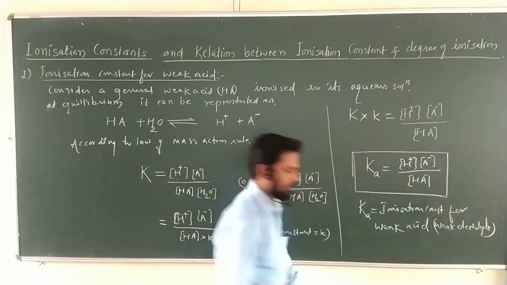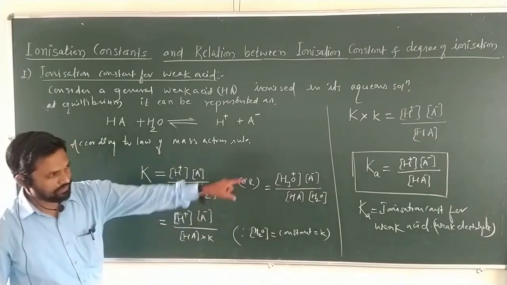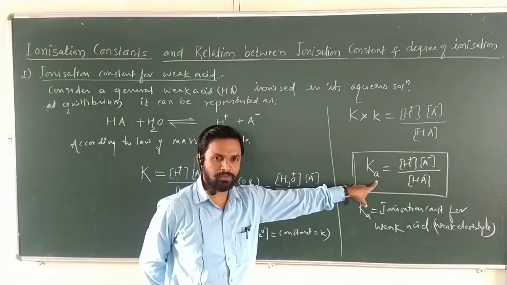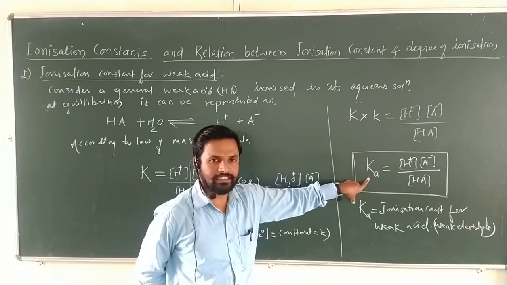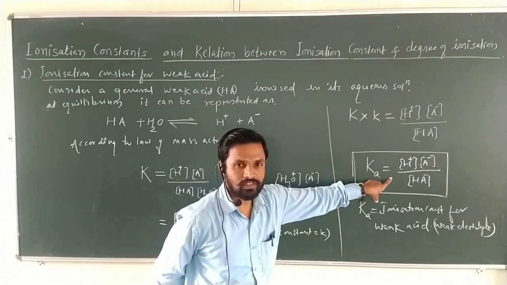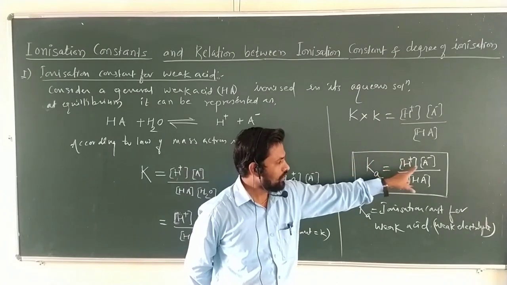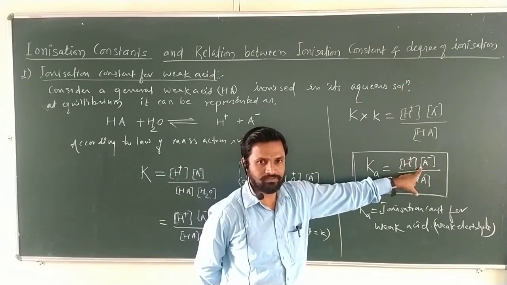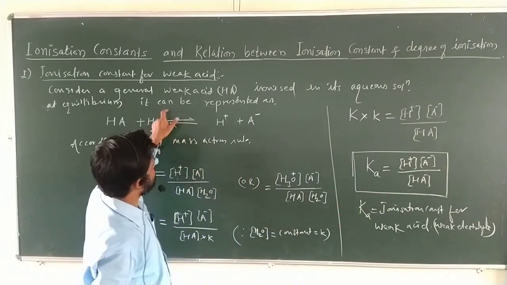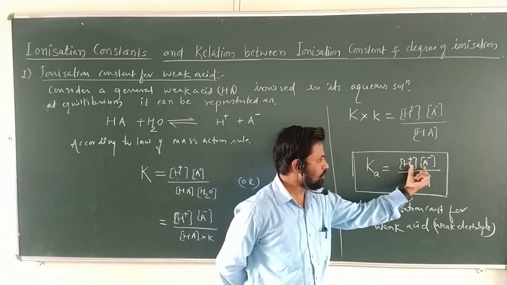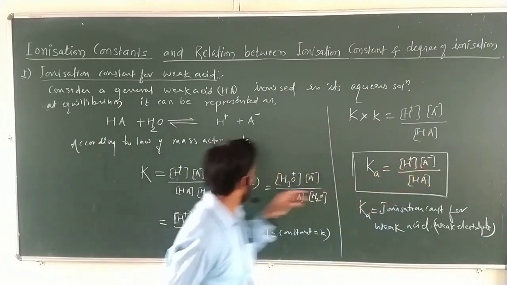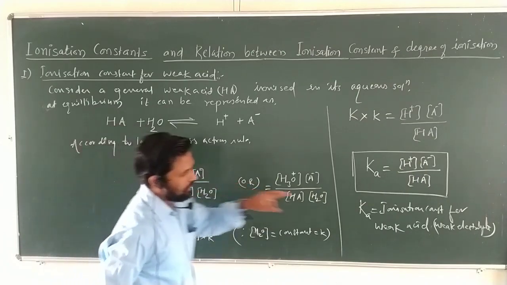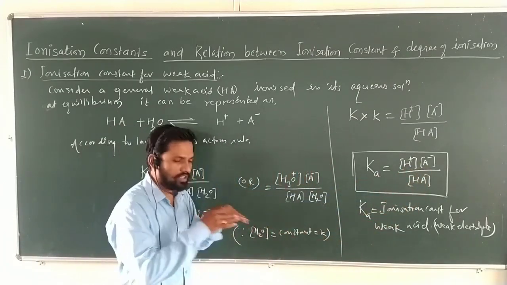See, here what is the ionization constant you obtained? Ionization constant of a weak acid, Ka, is equal to the product of the molar concentration of the products, that is, the product of the molar concentration of ions. HA is dissociated into its ions.